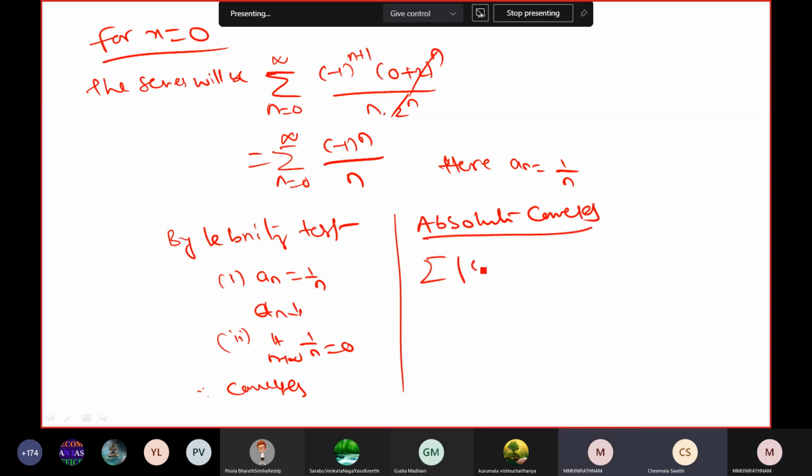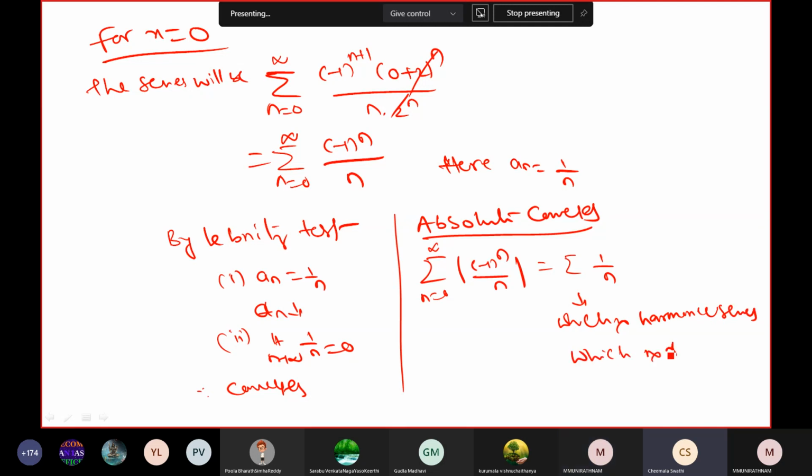Summation mod (-1)^n by n, n equal to 0 to infinity, is summation 1 by n, which is the harmonic series, which diverges. So therefore the given series converges for... So for x equal to 0, please listen.